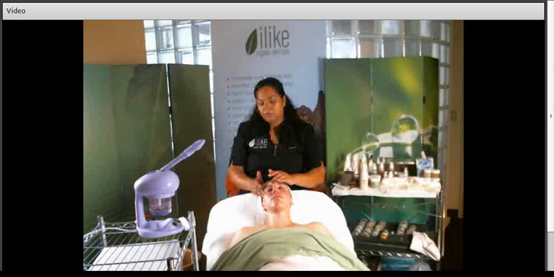Massaging the bicep and tricep. And the forearm.